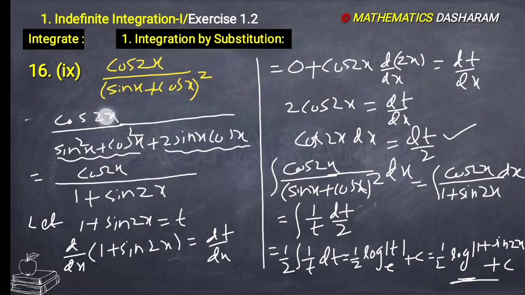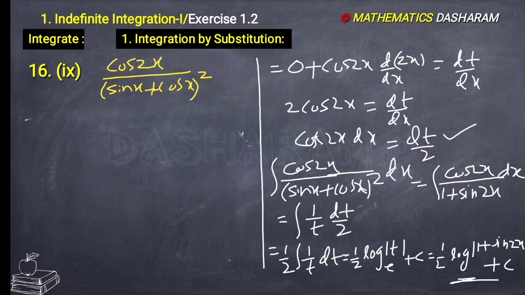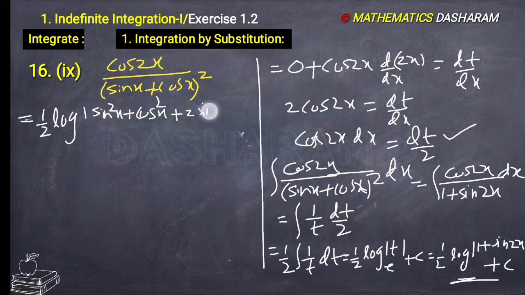And here we can simplify this answer. See, it is equal to 1 by 2 log, here 1 plus sin 2x. 1 plus sin 2x means sin square x plus cos square x. Here at the place of 1 I am writing sin square x plus cos square x, and sin 2x is 2 sin x into cos x, plus c.